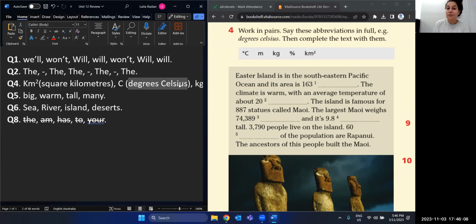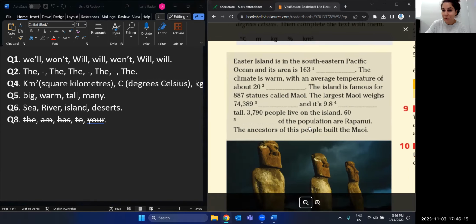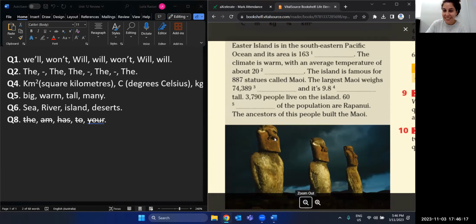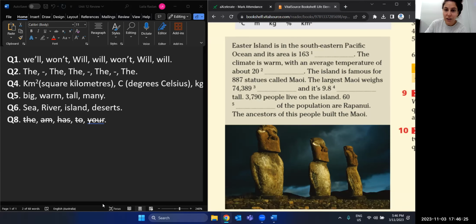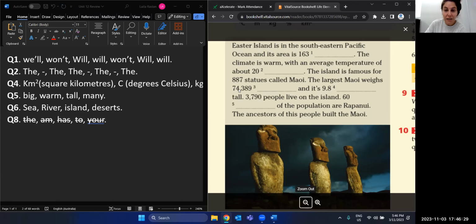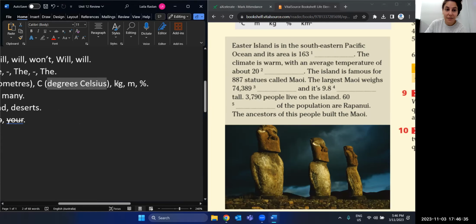The island is famous for 887 statues called Moai. I don't know how to pronounce that. These statues. The largest Moai weighs, so we're talking about how heavy something is. How much does it weigh? 74,389 kilograms.